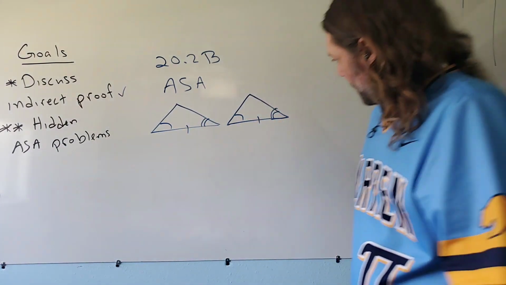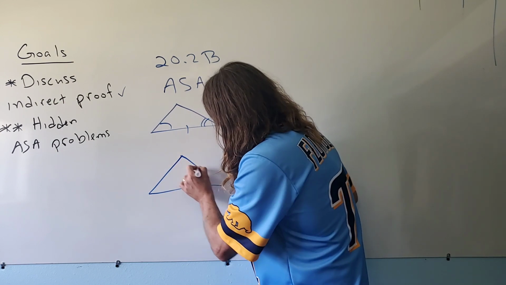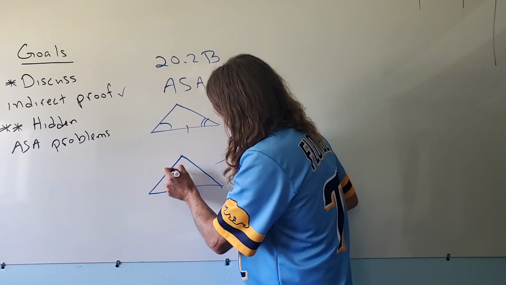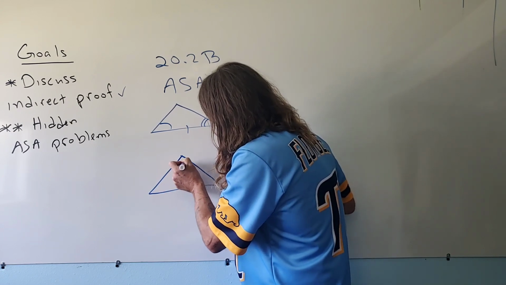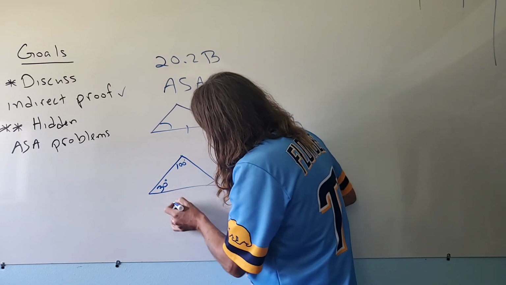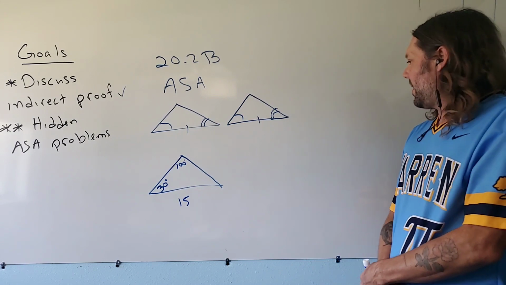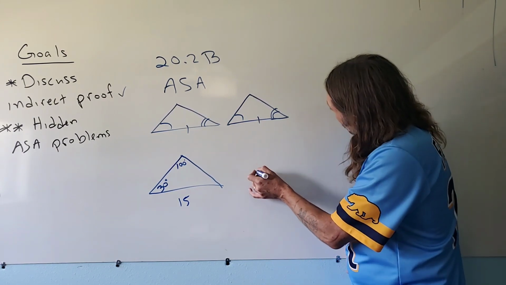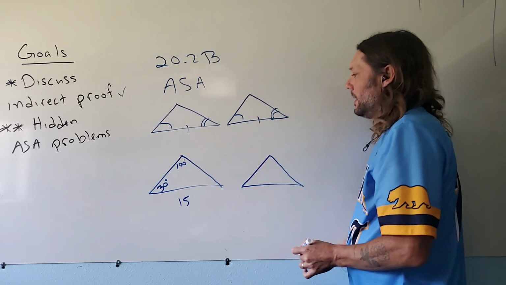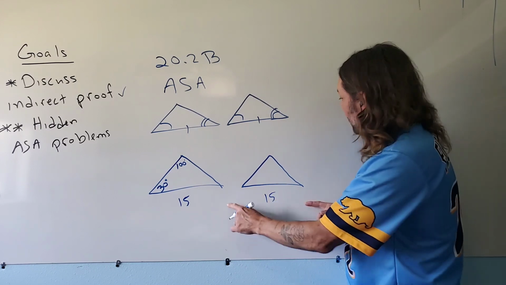Okay. So let's suppose I have two triangles. And I'm going to hopefully pick nice numbers to work with here. So we'll say you're 100 degrees, you're 30 degrees. And I'll just say that this side length is 15. And then I have my second triangle that's 15 for that length.